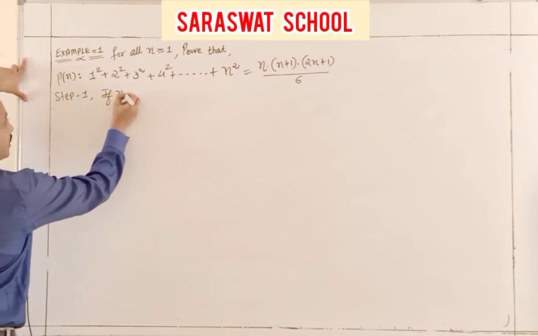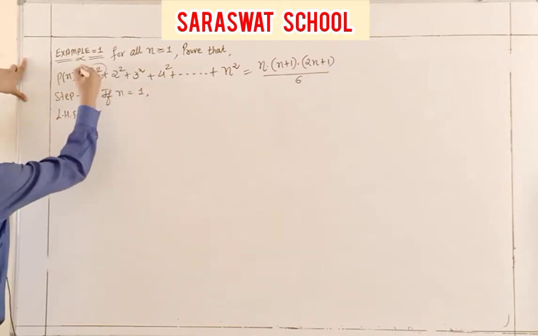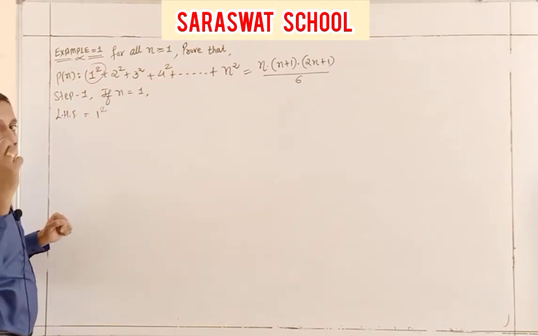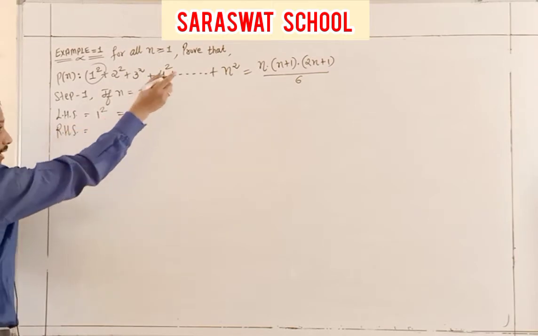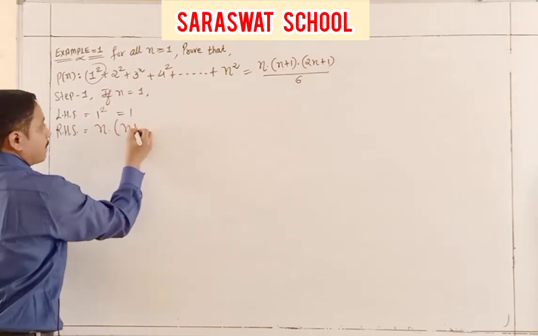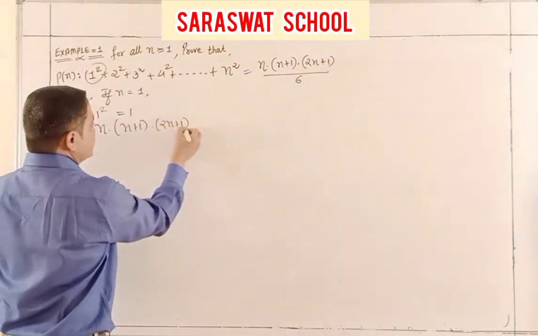Step 1. If n is equal to 1, here I just write LHS, which is 1 square, that is 1. And RHS is n(n plus 1)(2n plus 1) by 6.